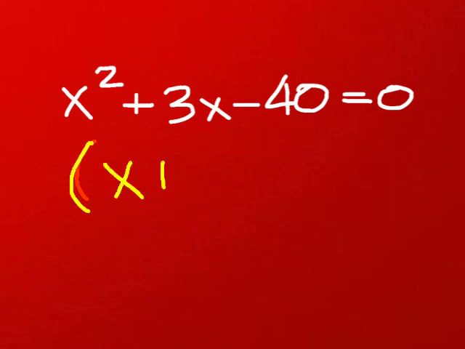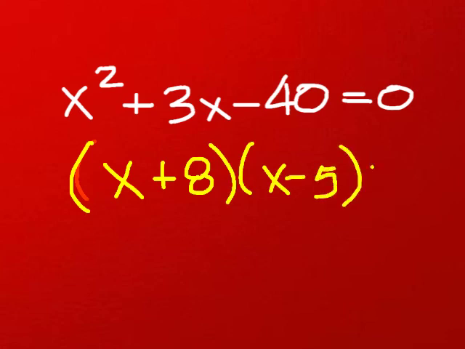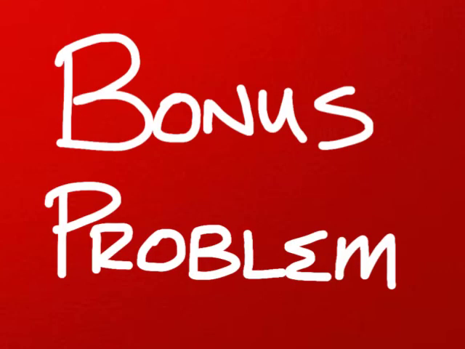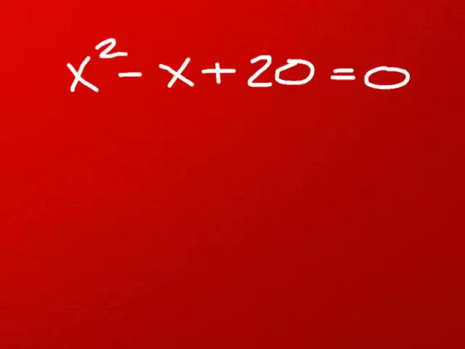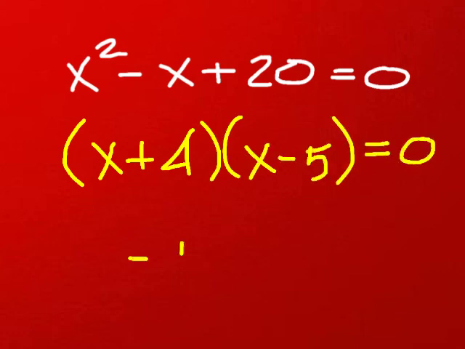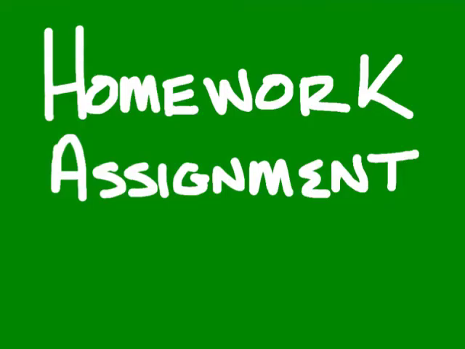There we go. X plus 8 and then x minus 5. That should be a negative 8 or 5. This one should be x plus 4 and then x minus 5. That will give you a negative 4 or 5.